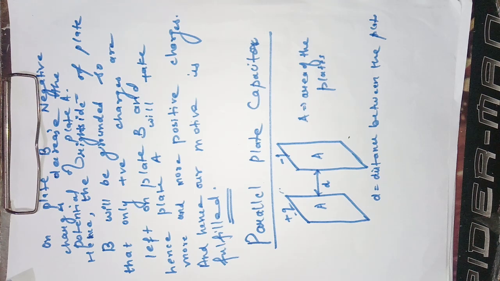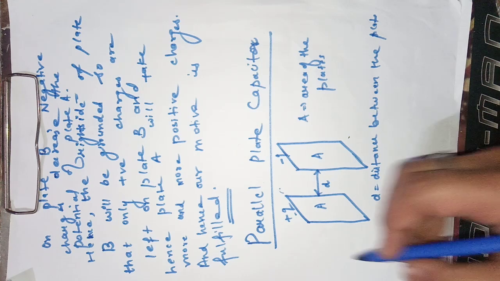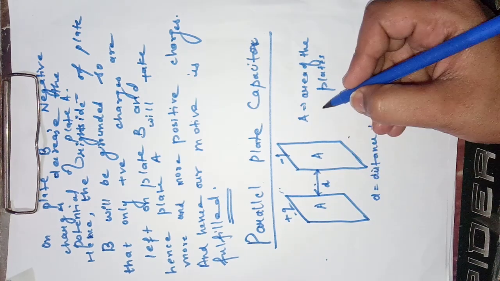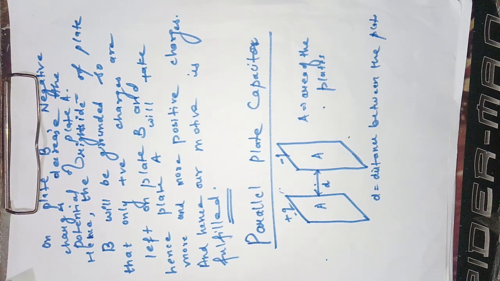Just remind yourself that we have done a question in which we have two plates. One of the plates is having the surface charge density plus sigma, and another plate is having the surface charge density minus sigma, and I have given you the question that you need to calculate the value of electric field at 3 points.